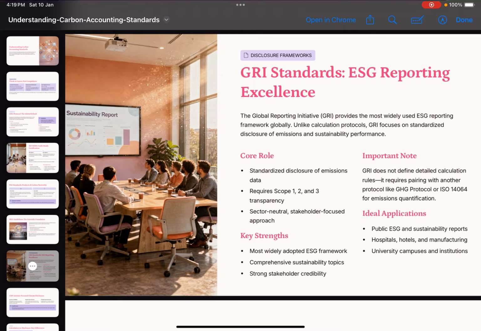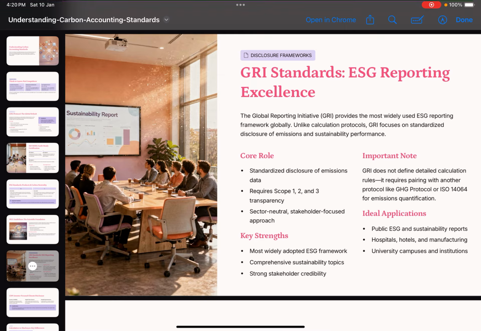So it differs from the accounting protocols in the sense that it is the disclosure or reporting protocol. The core role is the standardized disclosure of emission data. It requires all three scopes, scope 1, scope 2, and scope 3, transparency. It is sector neutral and stakeholder focused, and that is its strength. For ESG frameworks, it is widely used.